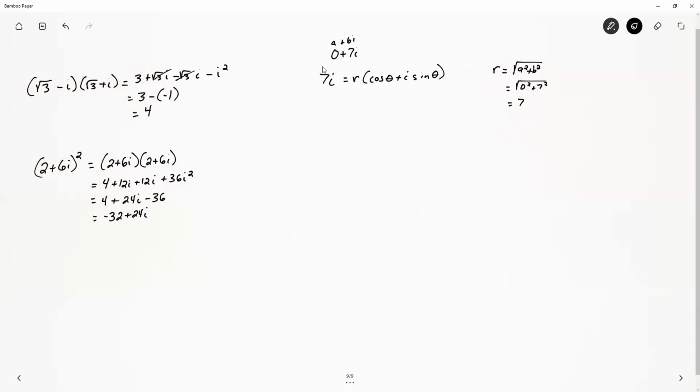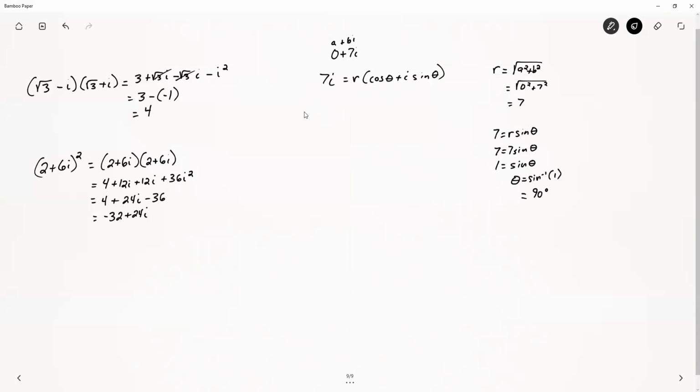Since the i piece goes with sine, I have 7 is equal to r sine theta, where my r is 7. So 7 sine theta, divide both sides by 7. This gives me sine theta equals 1. To solve this for my angle, I need arc sine of 1, which is 90 degrees.